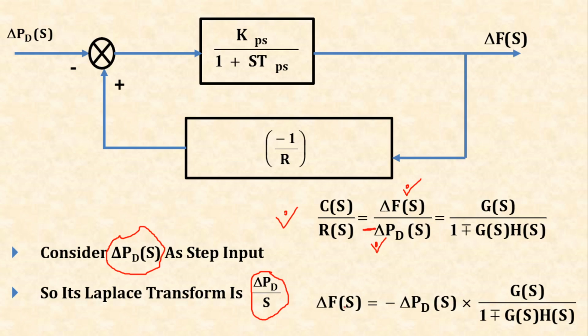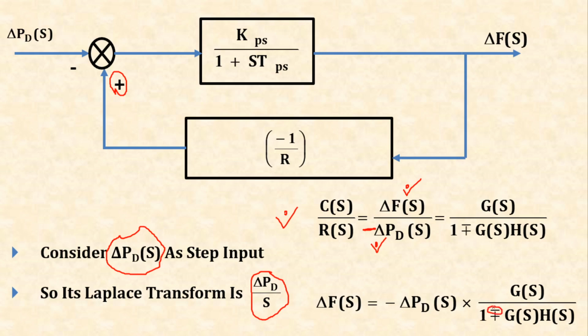So delta F of S is equal to minus delta PD of S multiplied by G of S upon 1 minus or plus G into H. Here the feedback has a positive sign, so we will consider a negative sign as per the formula.